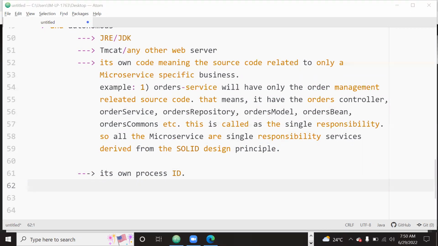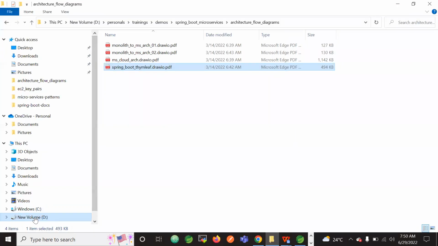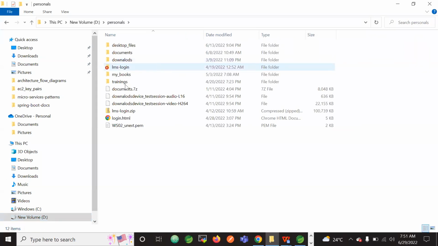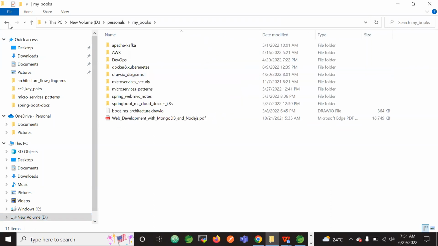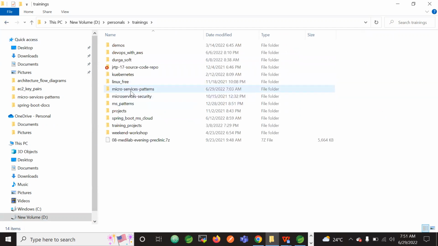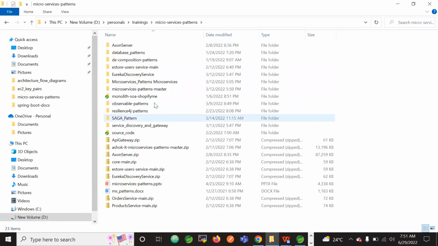Let me show you the source code, how the microservices will be. A moment, let me show you the source code. Trainings, microservices patterns.